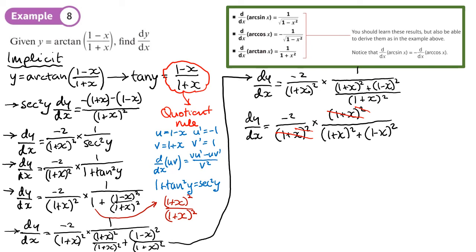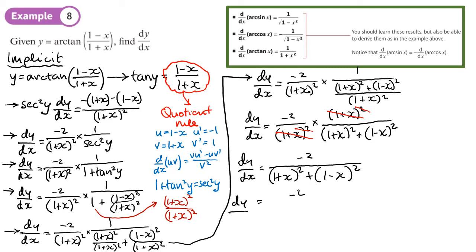So we now have dy/dx is negative 2 over this (1 plus x) all squared plus (1 minus x) all squared. Now the bit at the bottom, if we multiply it all out, we will get from the first bracket x squared plus 2x plus 1. From the second bracket we'll get x squared minus 2x plus 1. I can see that that cancels out.